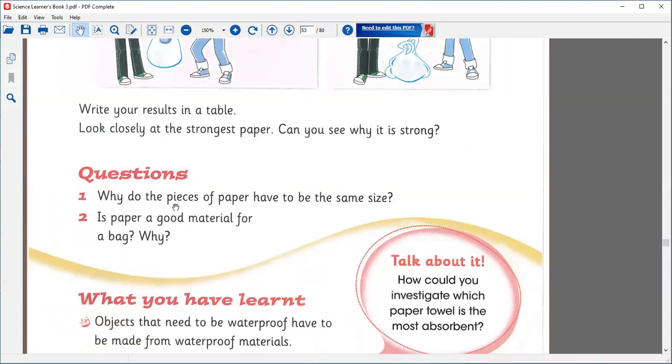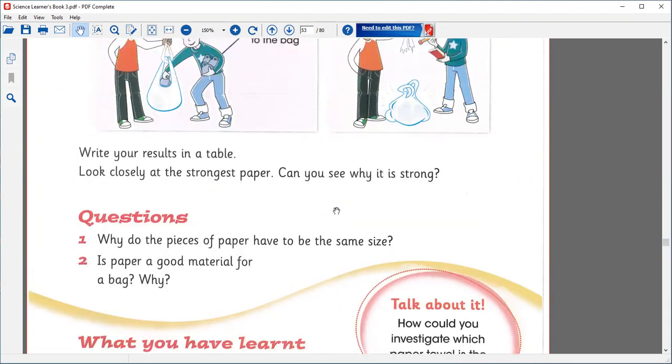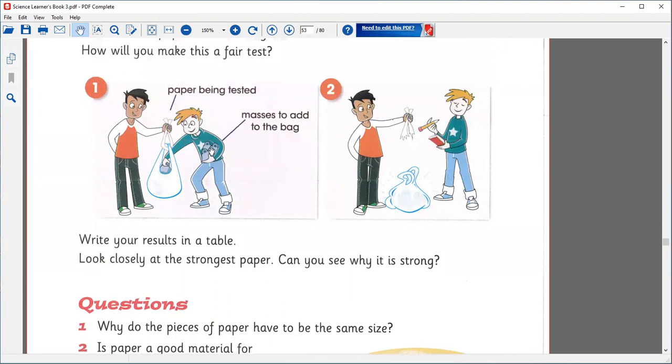Why do the pieces of paper have to be the same size? In this experiment, we are using different pieces of paper. So why do the pieces of paper have to be the same size? When we are doing any kind of activity, if you are using more than one material, we need to be sure all these materials are the same size.